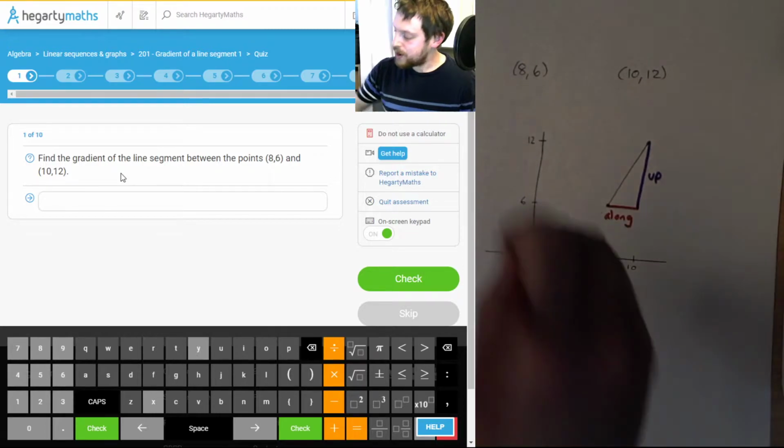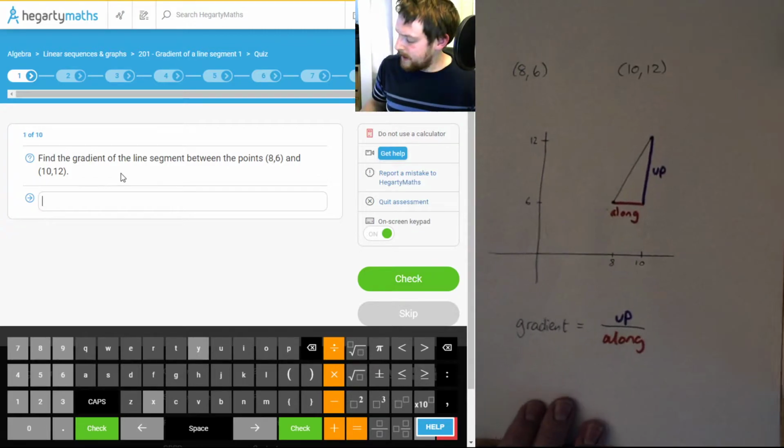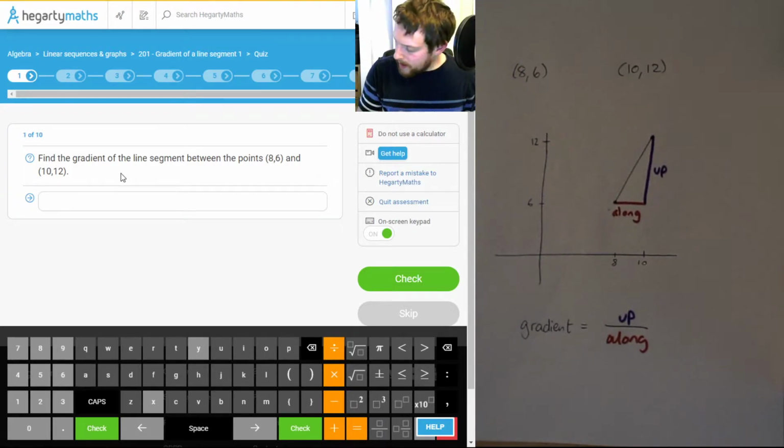And remember, if it's actually going down, if it's a negative up, that's what you'd have, a negative number. So let's look at the along first. I know it's on the bottom. So we'd usually do in order, we do the numerator then the denominator. But anyway, let's have a look at the along first.